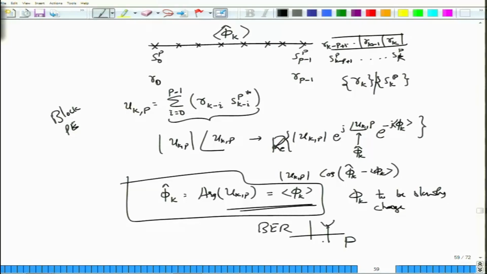Too large a block length means you are assuming that many symbols have the same phase, which is absolutely not okay. But too small a block length may not give you the statistical fluctuation that you are looking for. Noise will not be there to average out, and therefore your performance will suffer. So, there is an optimum block length which lies somewhere between too small a p and too large a p, which will give you the best phase estimate phi_k.